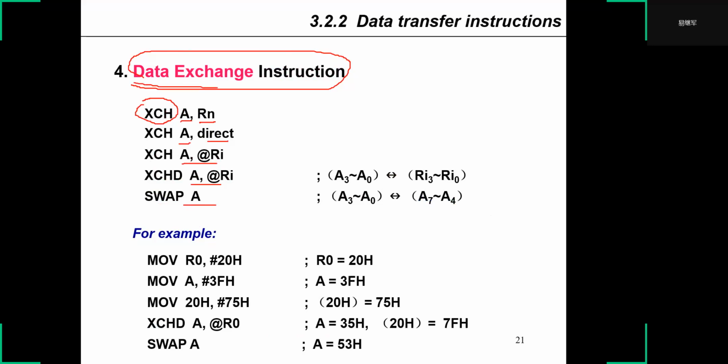Data exchange. So we are supposed to be exchanging two different data, right? This is XCH: the opcode, and then the operands, destination and source. Which data are we exchanging?